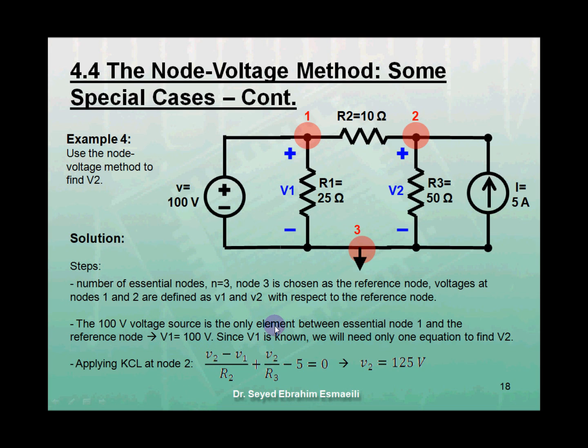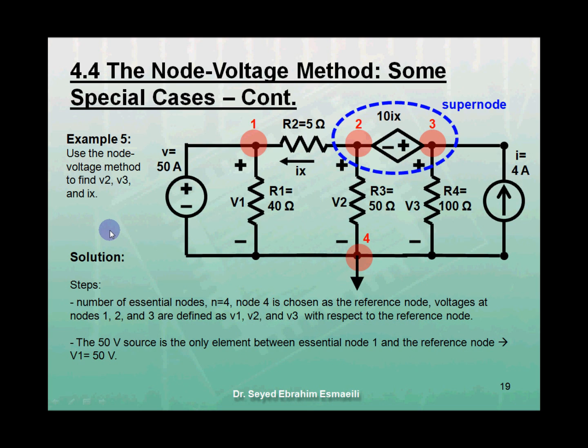Since V1 is known, we will need only one equation to find V2. Applying KCL at node 2, we get (V2 minus V1) over R2 plus V2 over R3 minus 5 equals 0, from which V2 equals 125 volts.